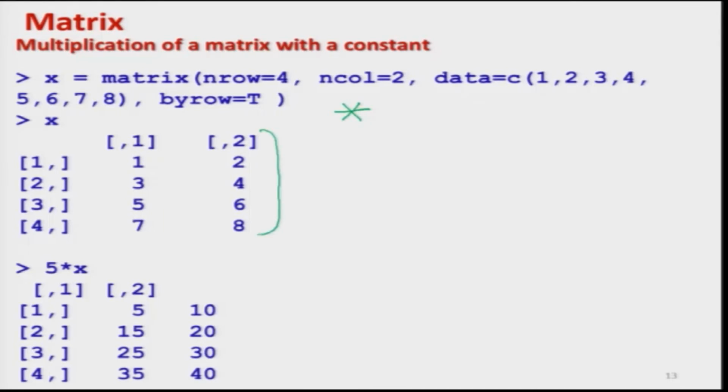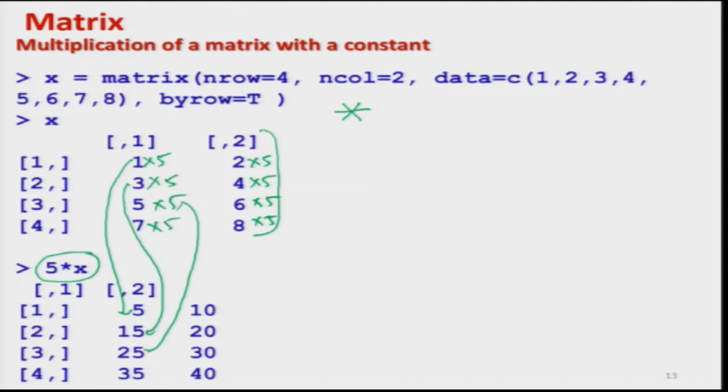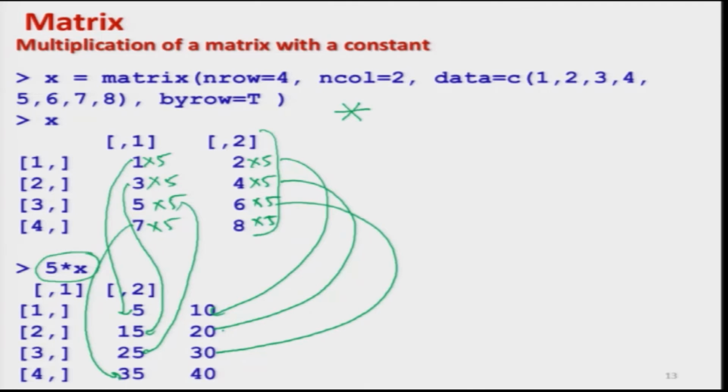So in this case, if your X matrix is like this and you obtain 5 into X, you can see that this element is multiplied by 5, this element is multiplied by 5, and each and every element is multiplied by 5, and here you get the outcome 1 into 5, 3 into 5, 5 into 5, 7 into 5, 2 into 5, 4 into 5, 6 into 5 and 8 into 5, that is 40.